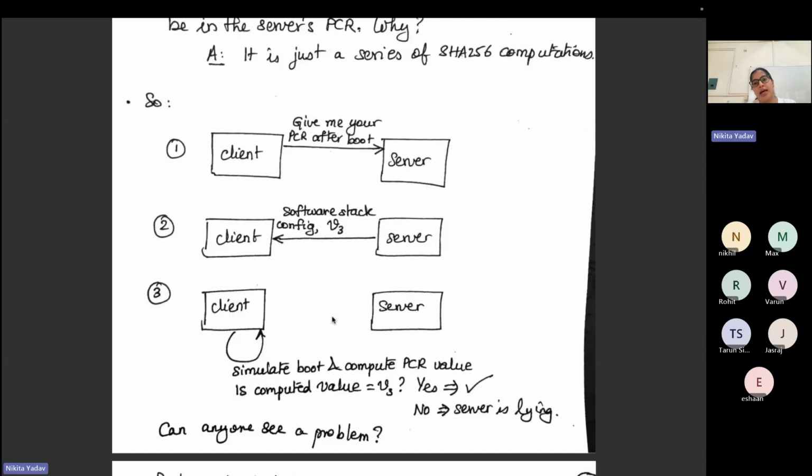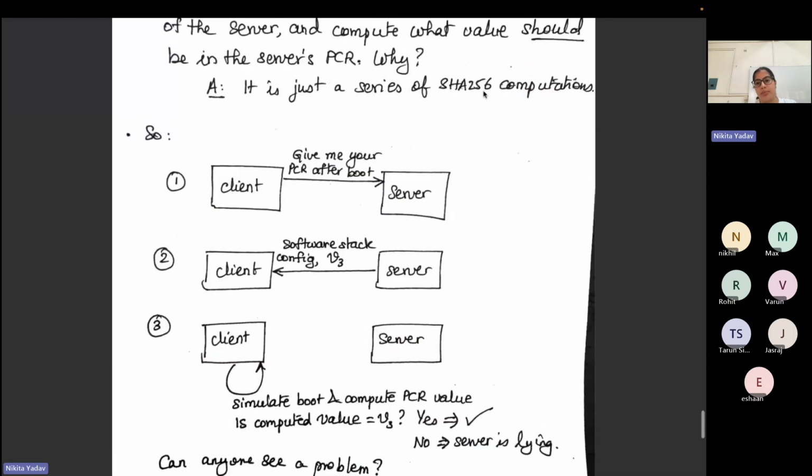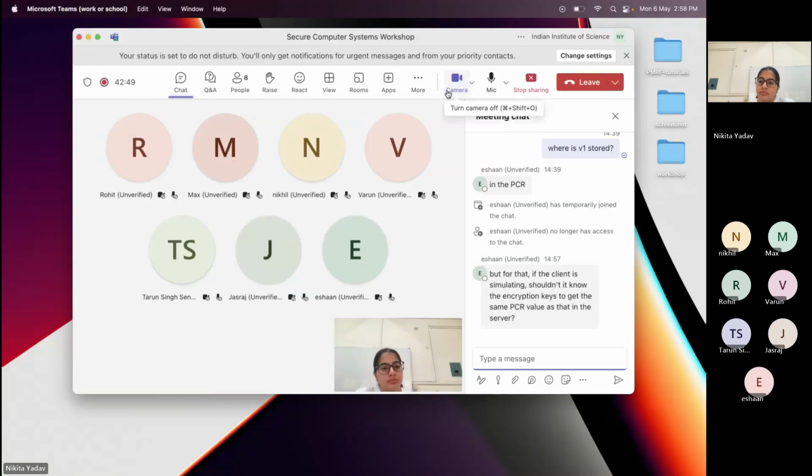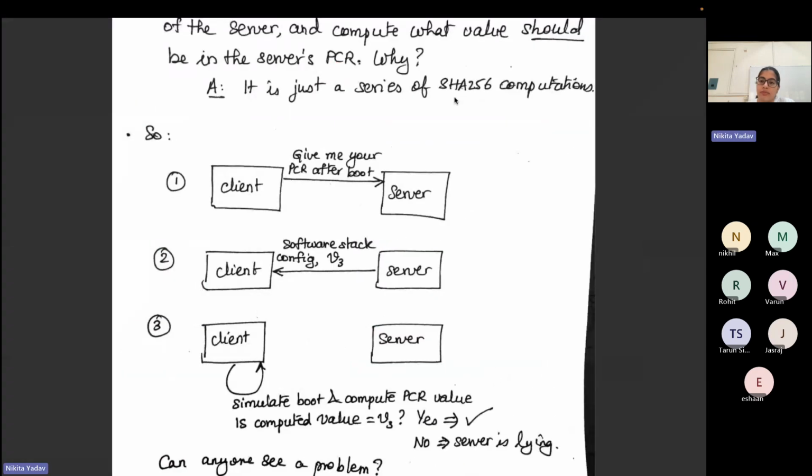So this is the hash computation which is happening here, and the hash computation doesn't require the key. You give it the value, and then it is going to compute a hash of that value.